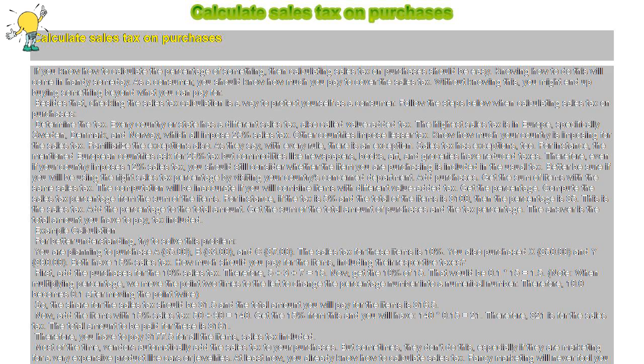The highest sales tax is in Europe, specifically Sweden, Denmark, and Norway, which all impose 25% sales tax. Other countries impose lesser tax. Know how much your country is imposing for the sales tax.